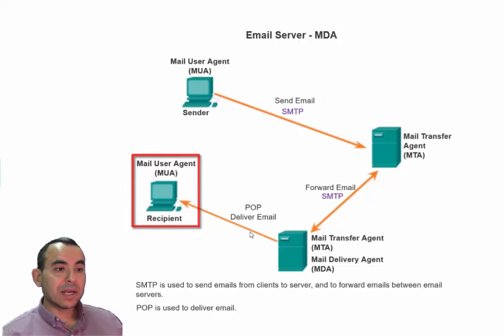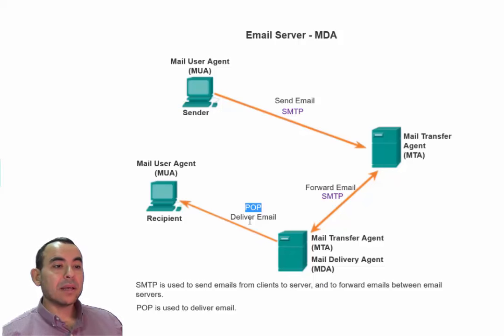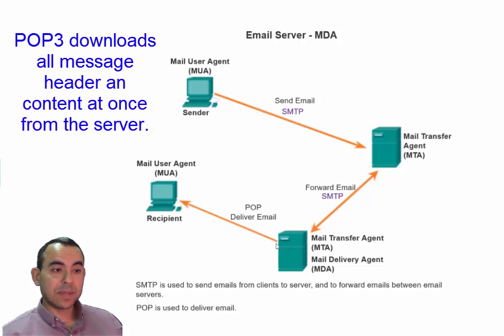It's worth mentioning here that there is another protocol corresponding to the POP3 protocol, which is called IMAP. There is a slight difference between POP3 and IMAP. POP3 uses a TCP connection between the mail user agent and the mail delivery agent, and it downloads the whole content of the email in one shot.